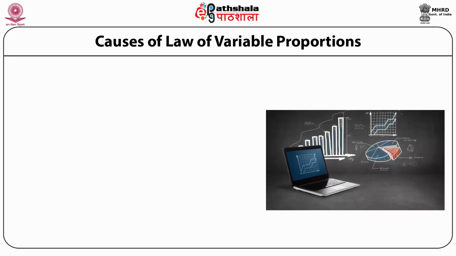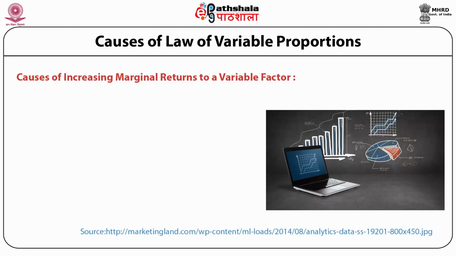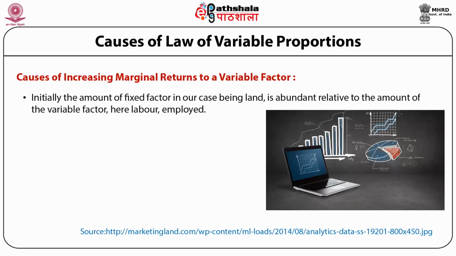Causes of the law of variable proportion. The reasons behind the application of the law of variable proportion are discussed in 3 categories. Causes of increasing marginal returns to a variable factor. Initially, the amount of fixed factor, in our case being land, is abundant relative to the amount of the variable factor, here labor employed.